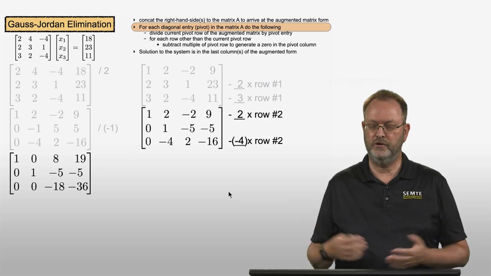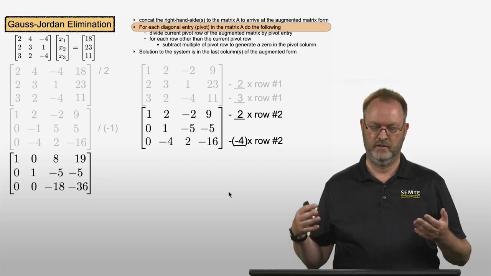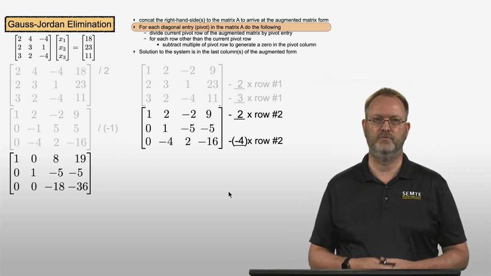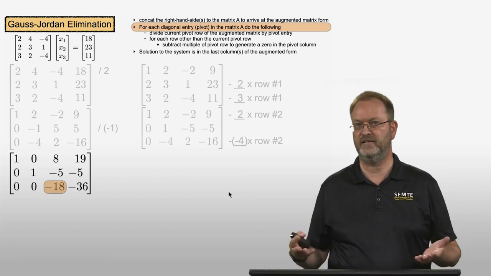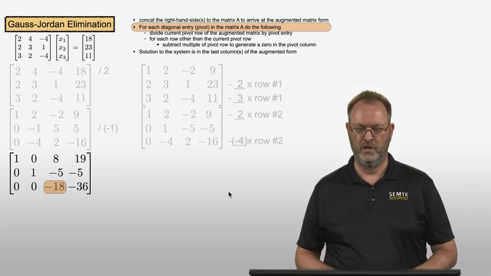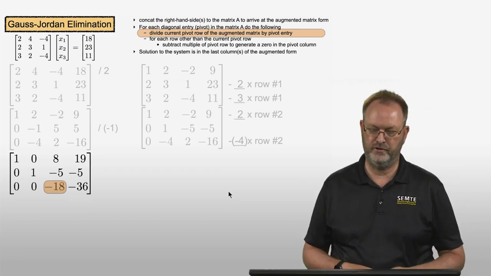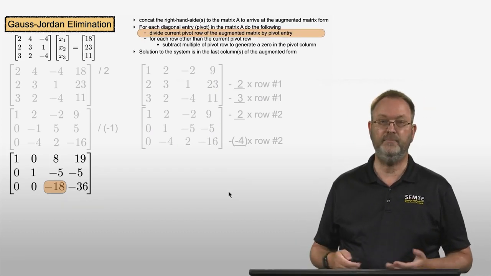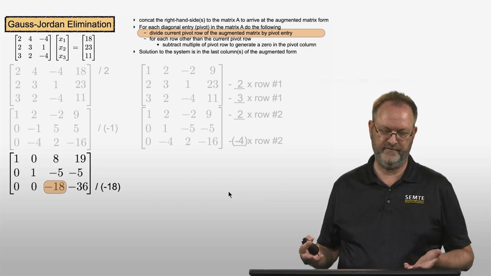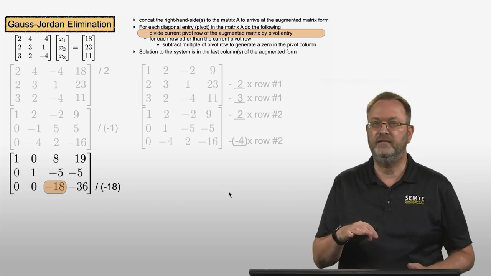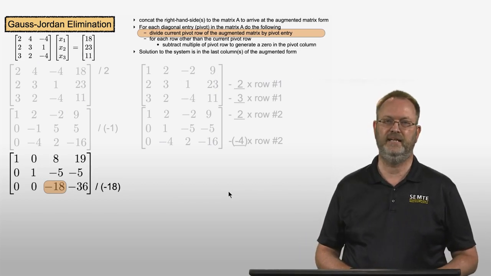So now I can go on to the last diagonal entry, which would be in the third row. That's the -18 here. And the step that I have to do is divide that current pivot row by the pivot entry. The pivot entry is -18, so I have to divide this third row by -18.